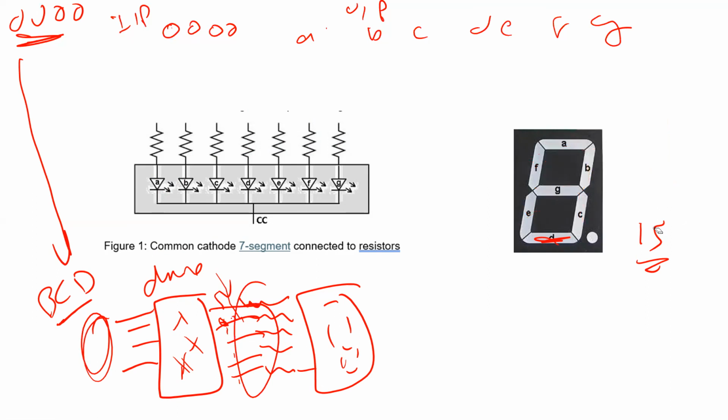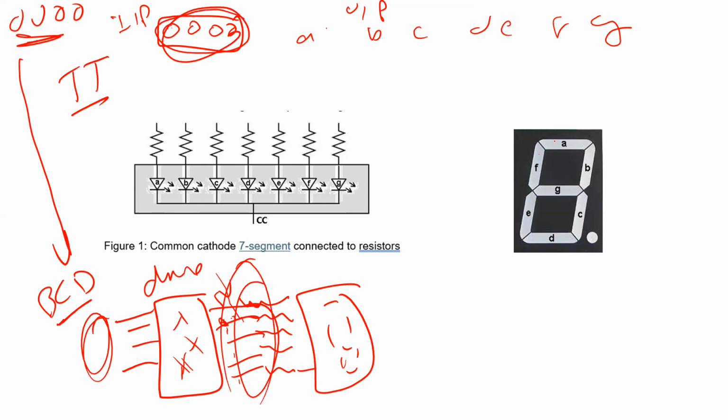If the input is 0000, there is a logic circuit, like a truth table, that you are going to design later. The output of the logic circuit is going to turn these segments on to make it look like 0. The output has to be 1 everywhere except G, so it has to be 1, 1, 1, 1, 1, 1, 0. Is that okay? This is how it is designed.